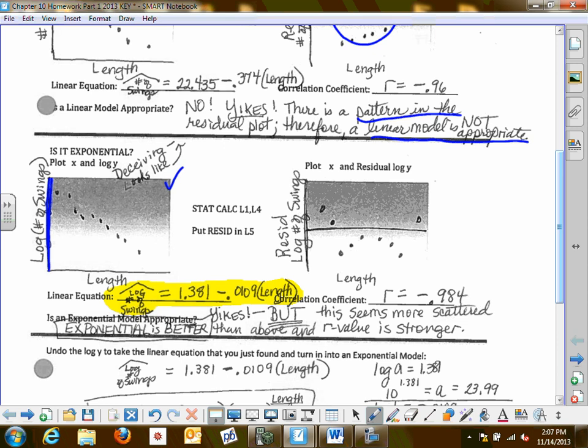Otherwise, it looked pretty much about the same. It was a little different because we got a different residual plot. So when we looked at this residual plot, unfortunately, we were not liking that it almost looked like we had another pattern going on. So let's address that.